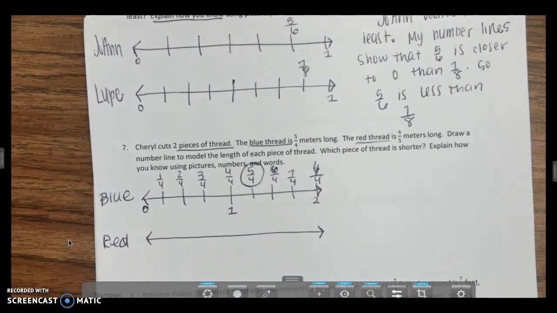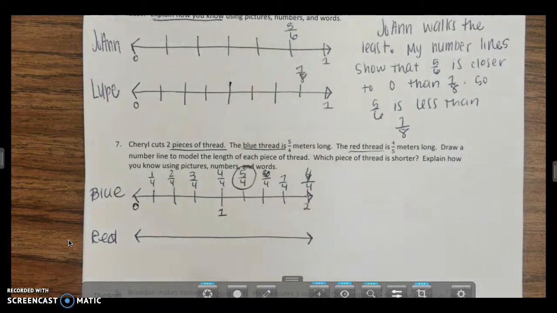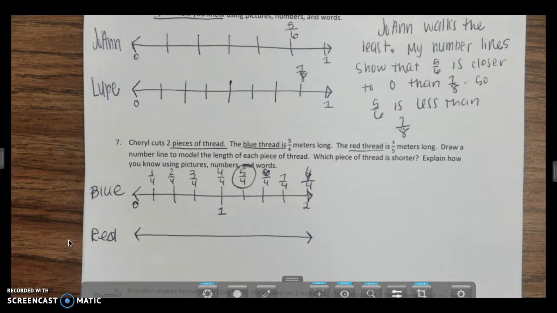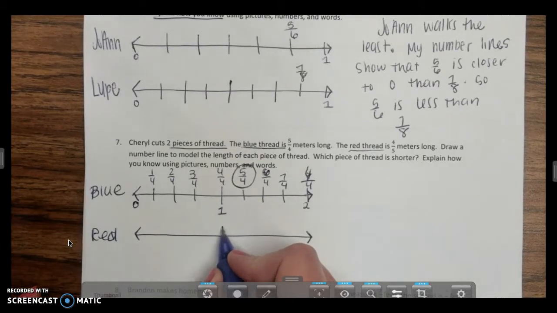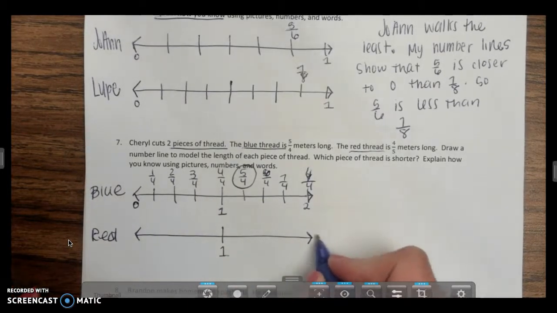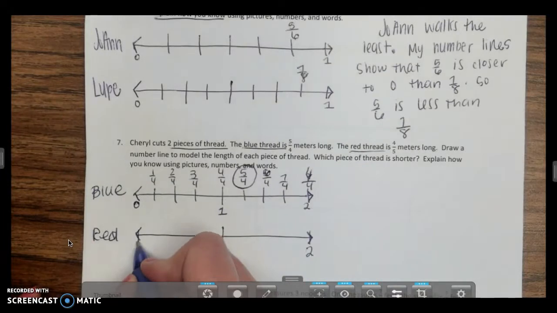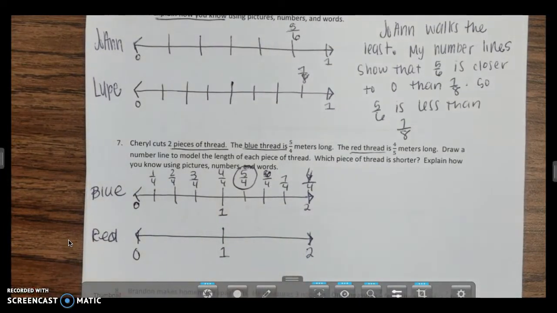And now I'm going to plot my red one, and I'm going to use the same, no I'm not, I'm going to use fifths, but I'm going to do the 1 in between, 2 at the end, 0 at the beginning, just like I did in that first one, so you're seeing exactly how it's laid out. And I'm going to split it into fifths.